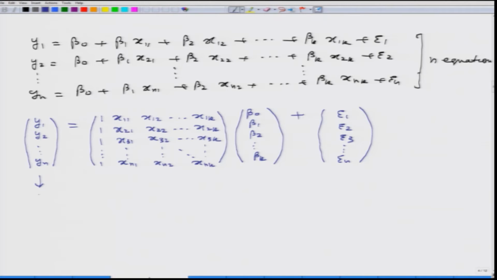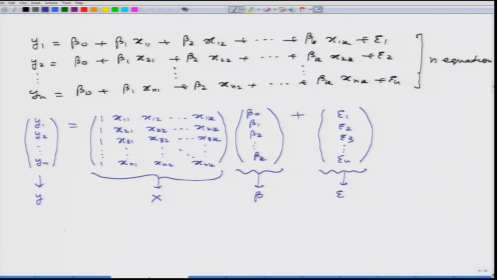this vector as y, right, and this matrix as X, this vector as beta, and this vector as epsilon.